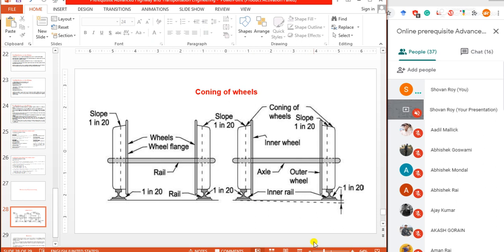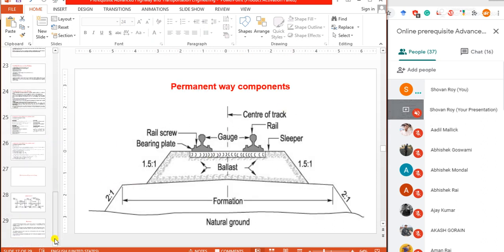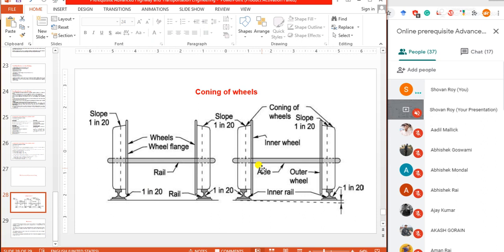This is one of the important parts. If we consider one figure for permanent way components, then another figure for coning of wheels.